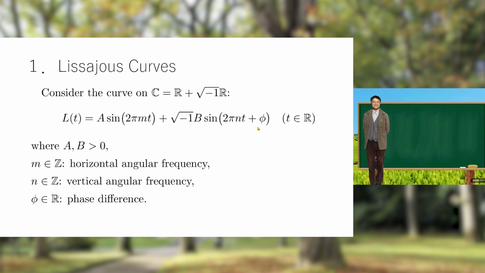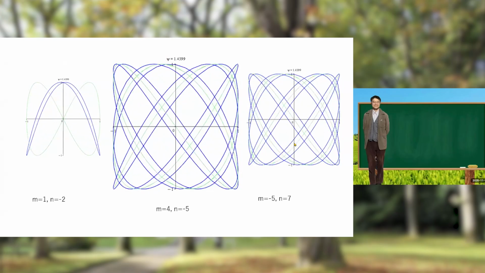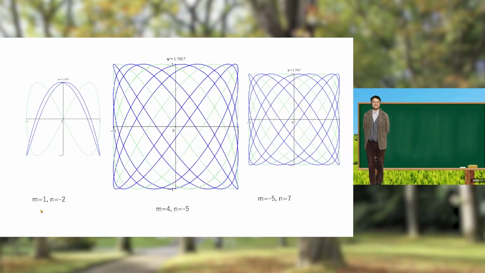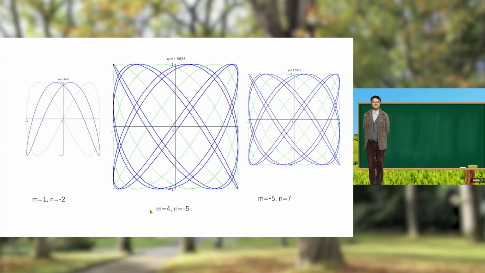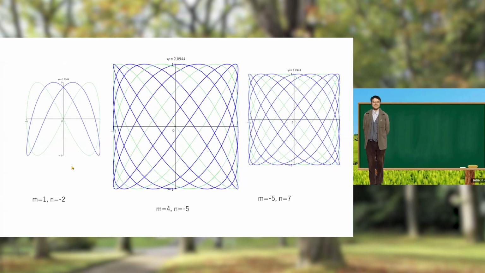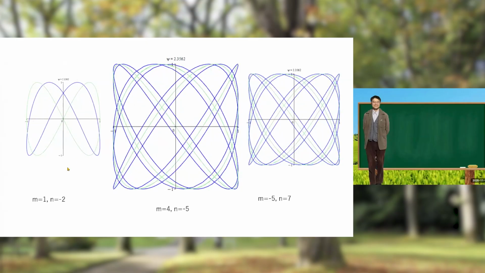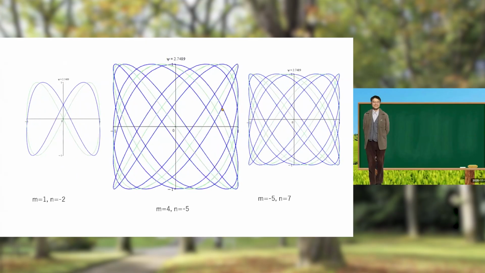If we move the parameter phi, the curve is continuously deformed. And t is the parameter of the curve, and we often regard it as the timeline of this curve. For example, these are Lissajous curves, and M and N represent the frequencies in the horizontal and vertical directions.